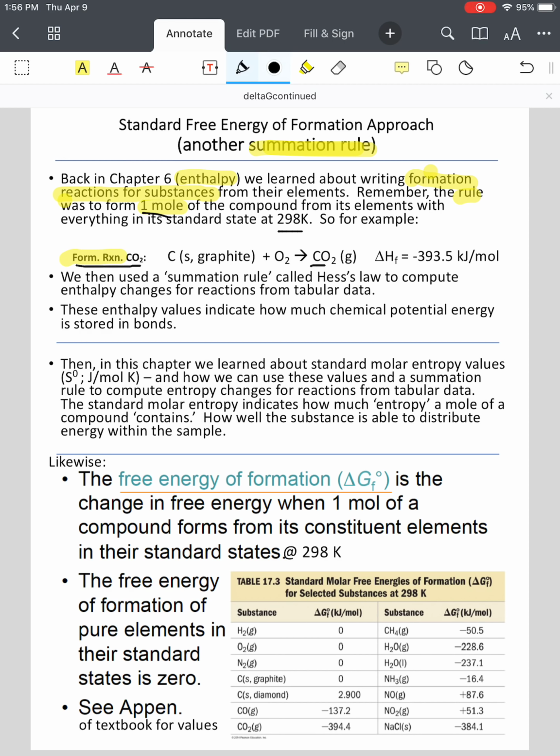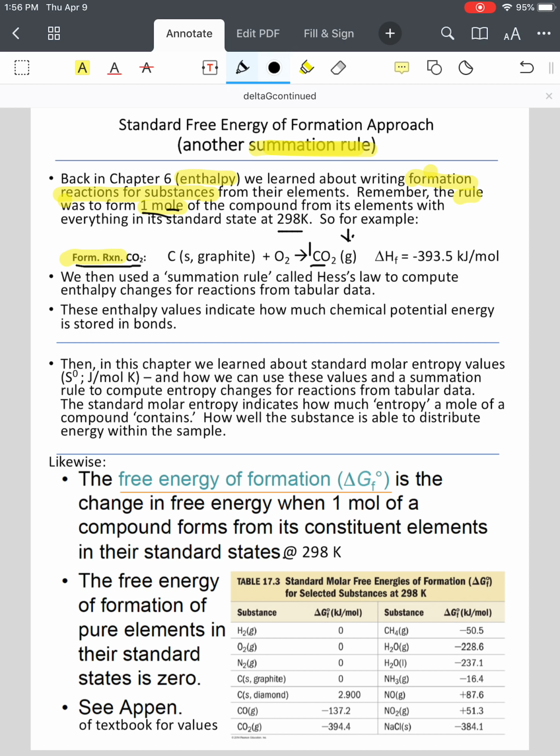I'd also make sure that I specify its standard state at 298, which for CO2 is of course a gas. Notice I'm making 1 mole of that stuff. It has to be 1 mole because the formation reaction specifies that you always make 1 mole.